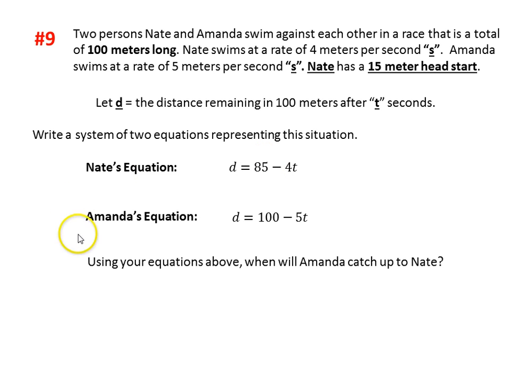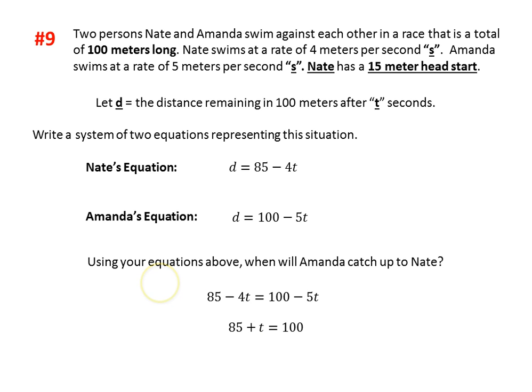So using our equations, when will Amanda catch up to Nate? Well, she'll have caught up to him when their distance is the same amount. So we will solve the equation when Nate's equation is the same as Amanda's equation. So using algebra to solve, I'm going to add 5t to both sides to get rid of this minus 5t, and we get t, because negative 4t plus 5t is t.